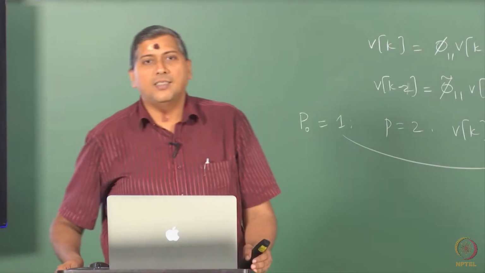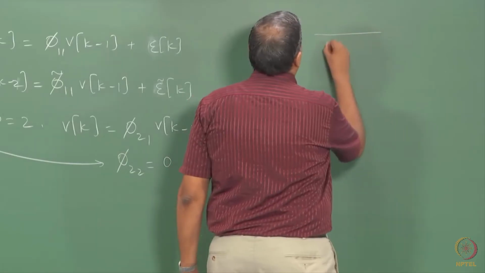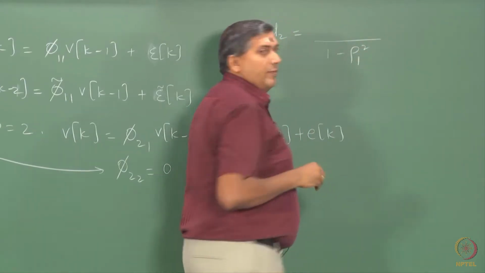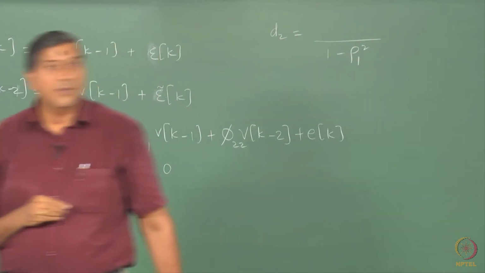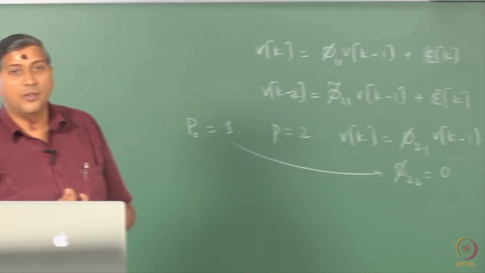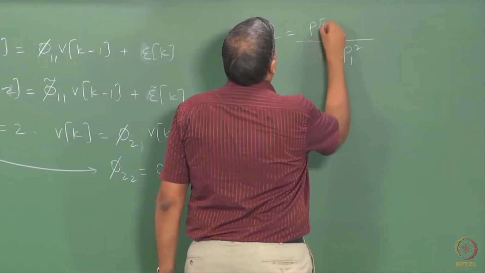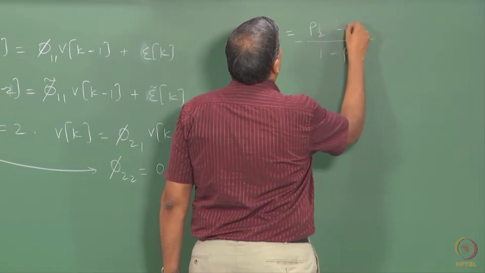What about the numerator? Rho 1 square minus rho 2, or in order to connect it with the PACF, we can say it is rho 2 minus rho 1 square.